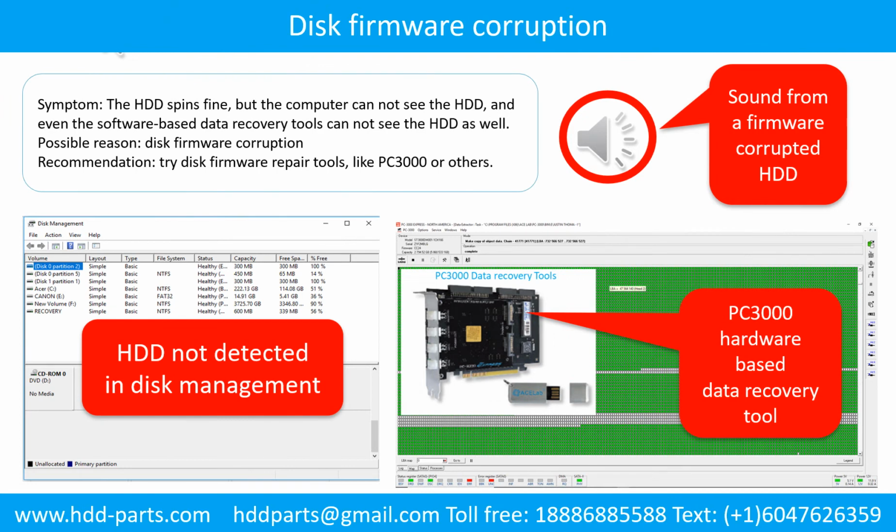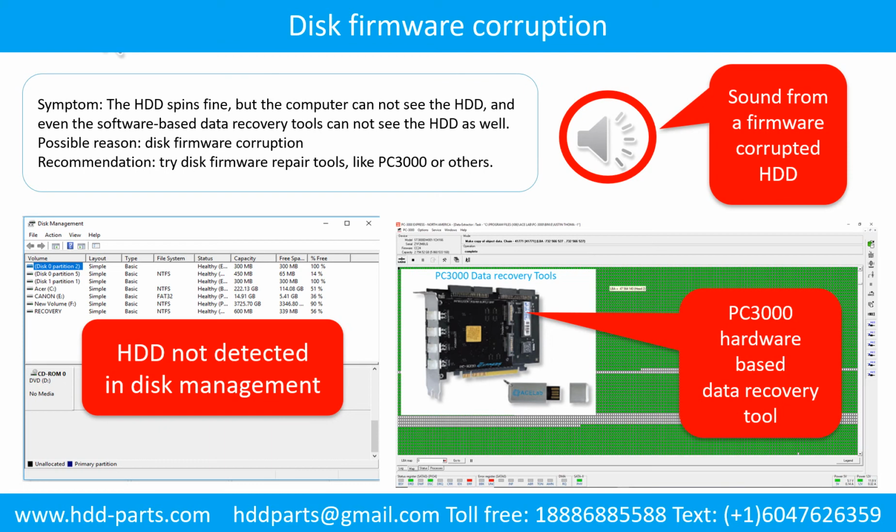Disk firmware corruption. Symptom: the hard drive spins fine, but the computer cannot see the hard drive, and even the software-based data recovery tools cannot see the hard drive as well. Possible reason: disk firmware corruption.